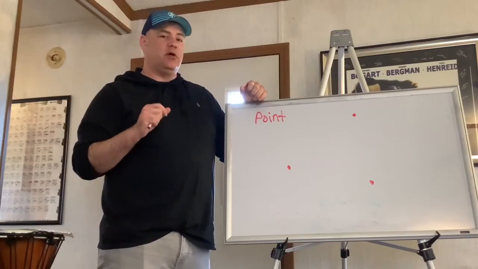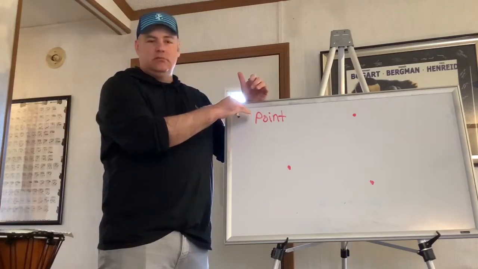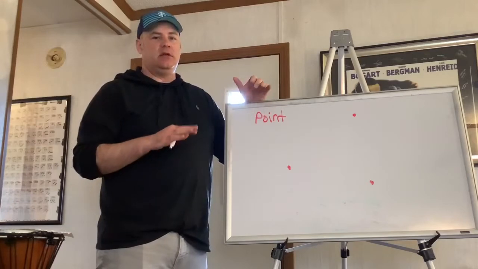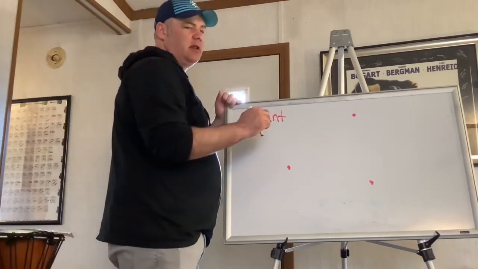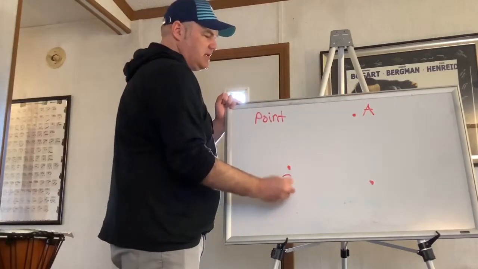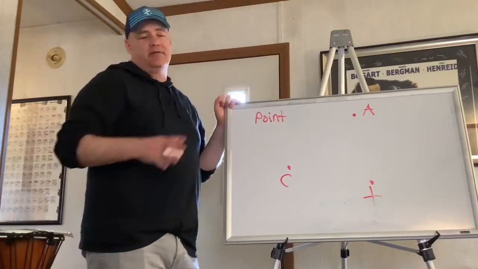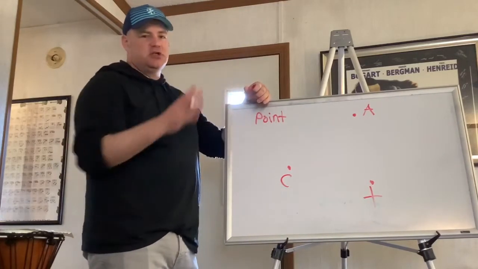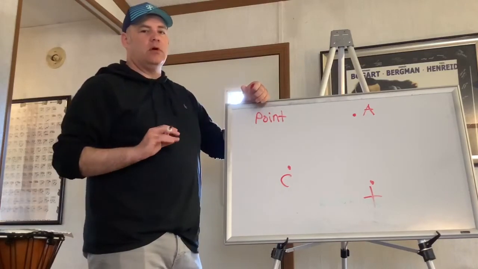So we have to work with how to label and name these shapes and things we do in the geometry class. A point is going to be named with a capital letter. So this could be point A, this could be point C, this could be point X. You're going to find out in geometry that it does not go in alphabetical order, because we can turn shapes, twist them, move them, and refer to them in any order.